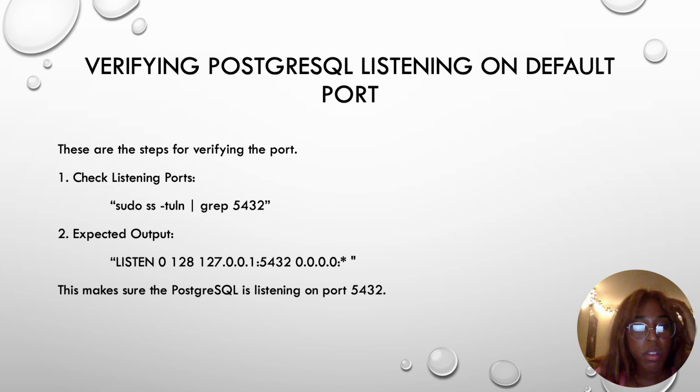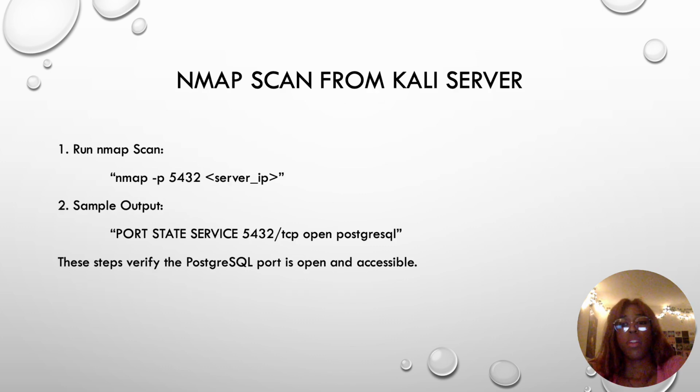And this makes sure that it is listening to 5432. Next, you're going to want to use an Nmap scan, and you would have an output of such that you see on step number 2. And these steps verify that the PostgreSQL port is open and accessible.